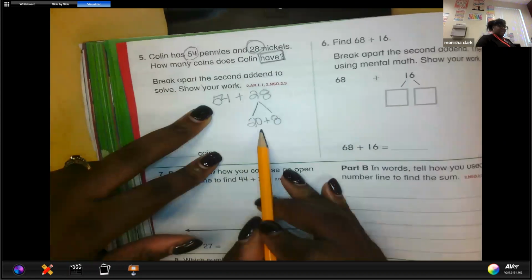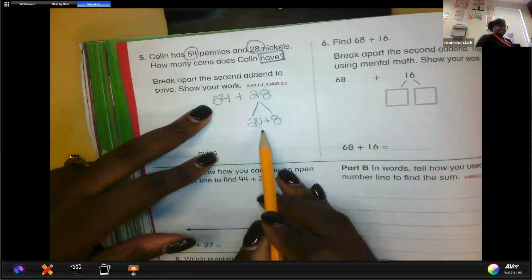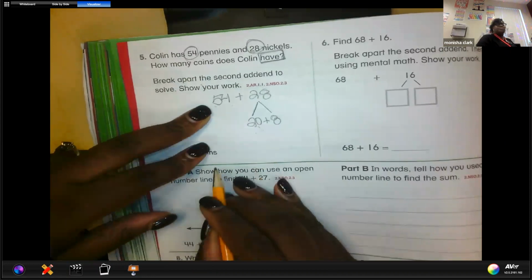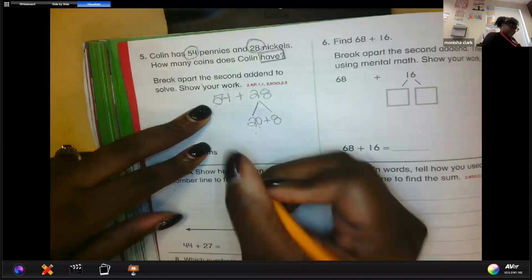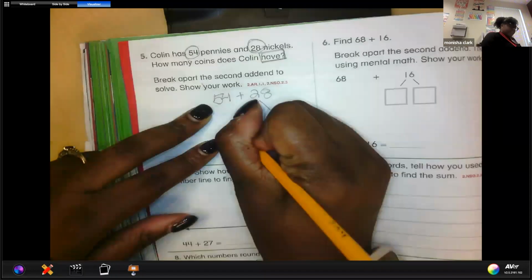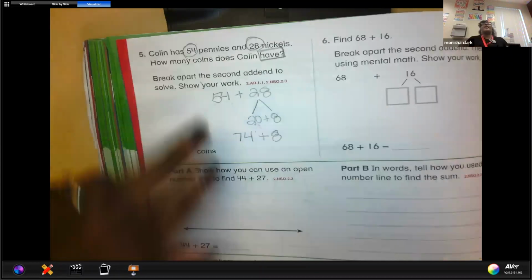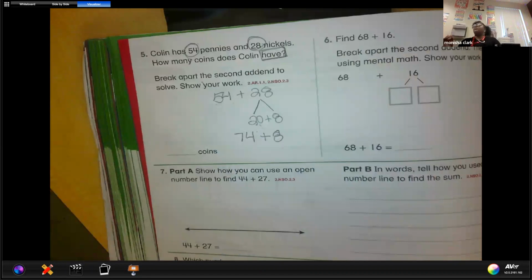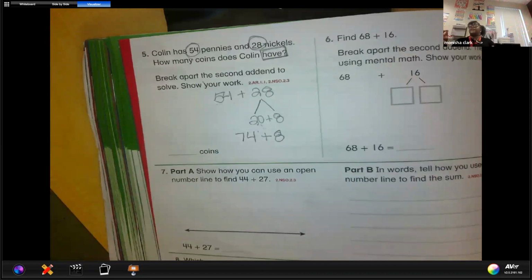Because we're adding the 10. Yes. So 54 plus 20 equals what? 74. So now we have 74 and we only need to add 8. Now, let's think about this in terms of 10.